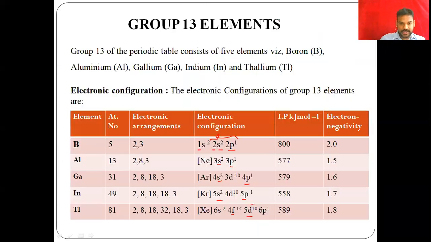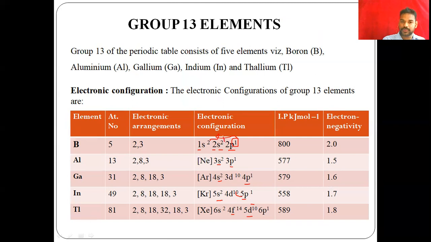So here, as we observe, the outermost orbital is p with one electron. So first we have to remove the outermost orbital's one electron. So the p electron we have to remove, and this is the first ionization energy.